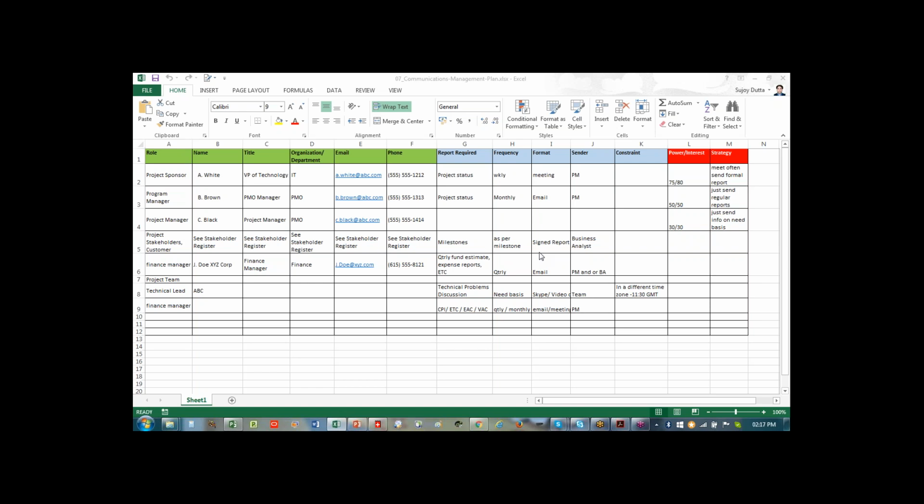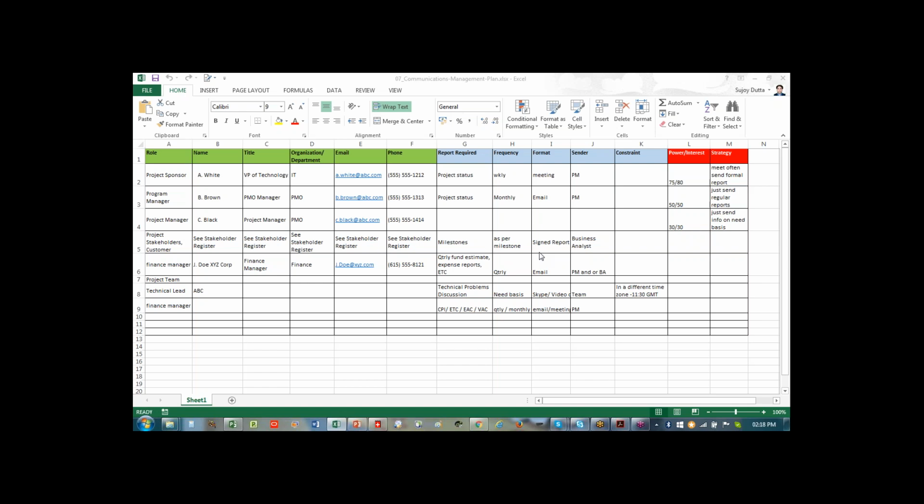And then when you do your communications planning, you add these columns, which are marked in blue color. That is report required, frequency, format, sender, constraint. And there are other stakeholder attributes, that is the power, interest and strategy, that you add.